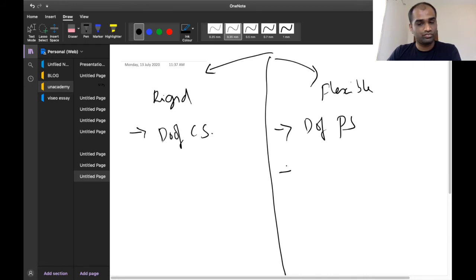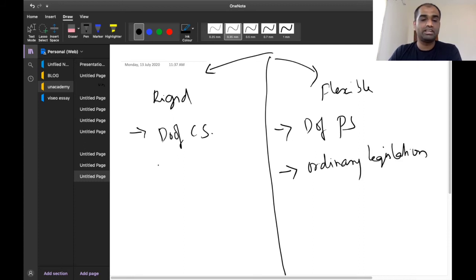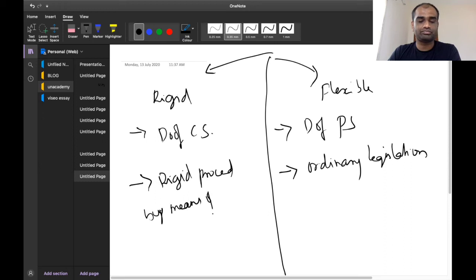A flexible constitution can be amended by means of ordinary legislation. But a rigid constitution can be amended only by means of a rigid procedure, by means of special majority.